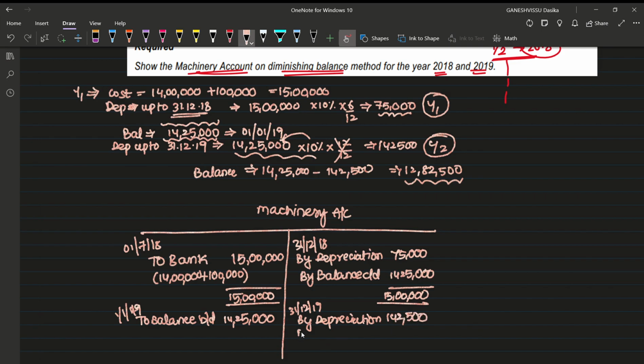And what is the balance amount? By balance carried down 12,82,500, and the total is 14 lakhs 25,000.